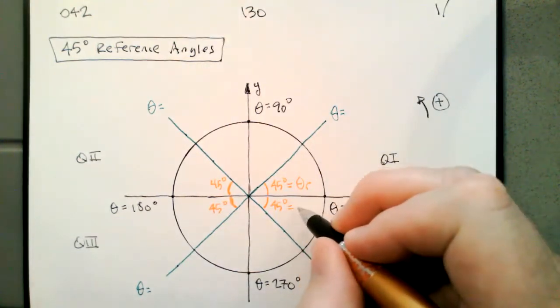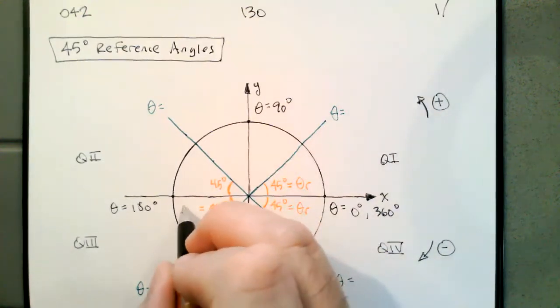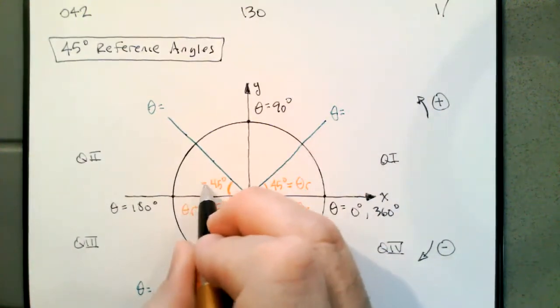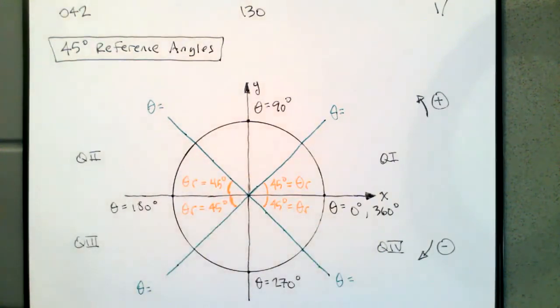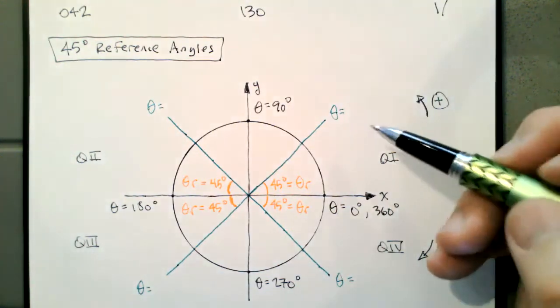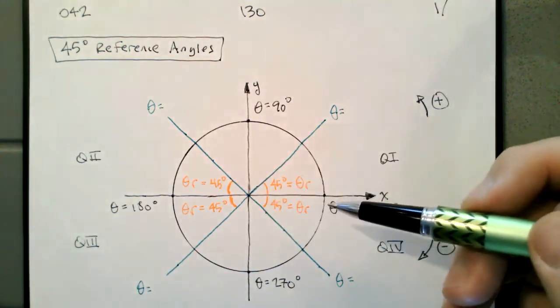So I'm going to label them as theta sub r for reference angle. A subscript of r is going to indicate a reference angle. We just want to figure out between 0 and 360 what angles have a 45-degree reference angle in each quadrant.